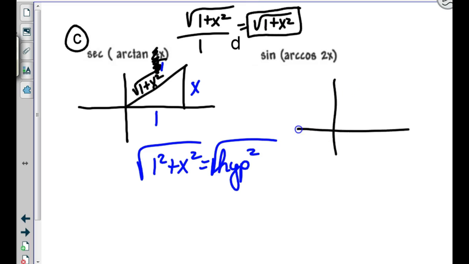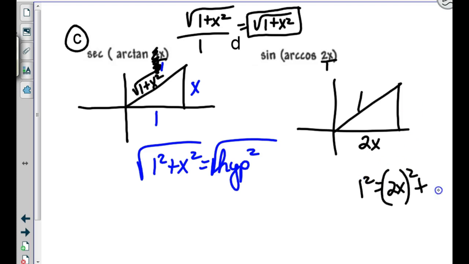Let me try D really fast. Cosine is 2x. Where do I put that? Adjacent over hypotenuse would be the 1. Am I adding or subtracting to get this side? So it's 1 squared equals 2x squared plus, I'll put question mark squared. So I get 1 squared minus 2x squared, and then I have a square root.